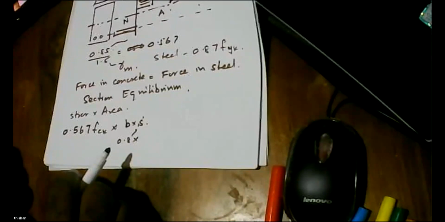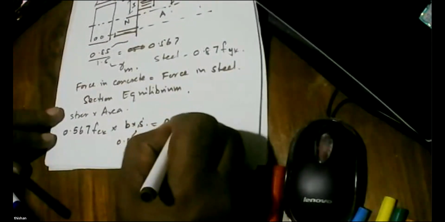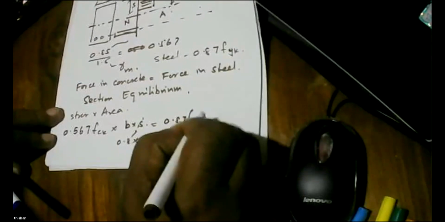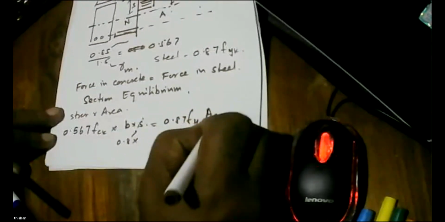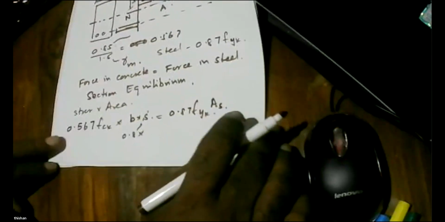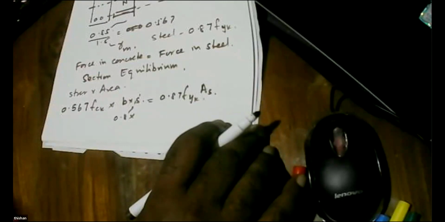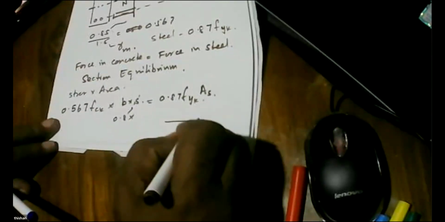This is S. And that should be equal to 0.87 fyk times area of steel. That's it. Force is equal to stress multiplied by area. So this is the first equation. Very important equation.